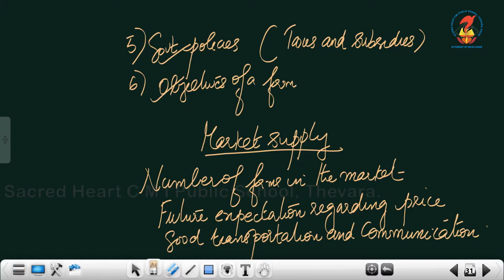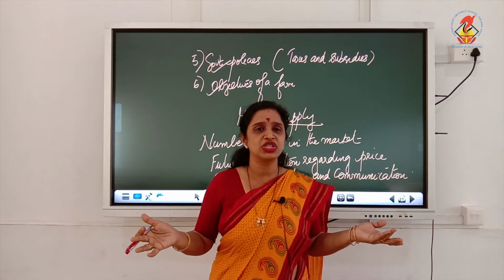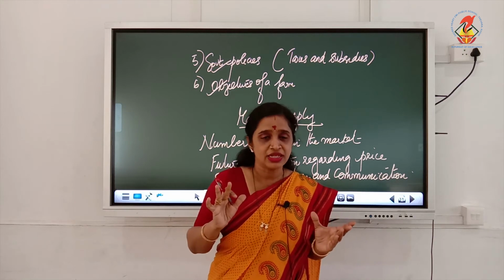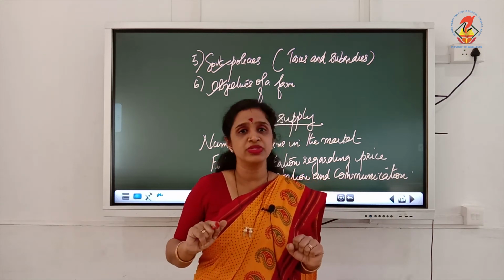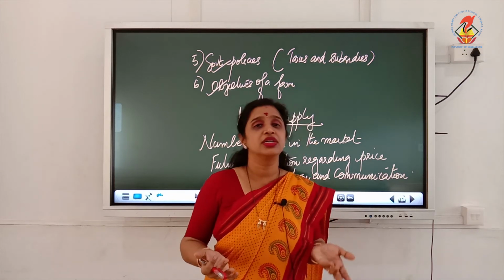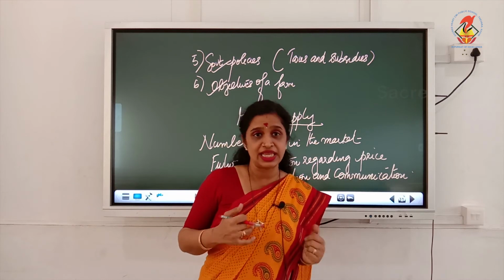Next factor is objectives of a firm. Now, normally what is the objective of a firm or a producer? Profit maximization. So, for profit maximization, he will try to sell more or less accordingly, isn't it? But there are certain firms who are very much concerned about their prestige or status in the economy, in the society.